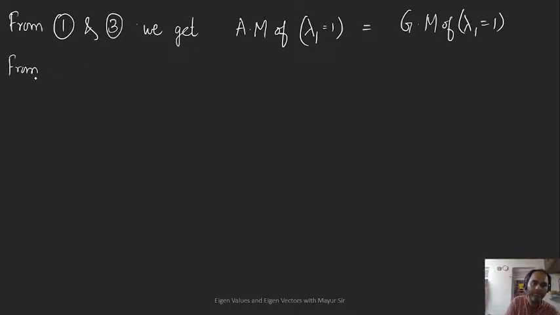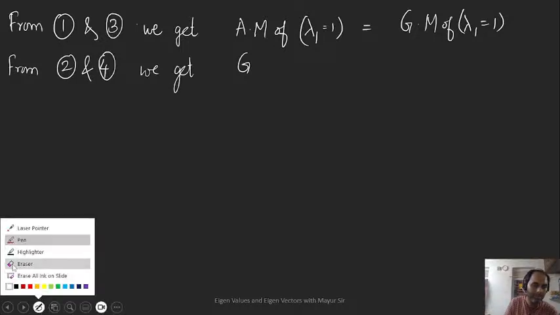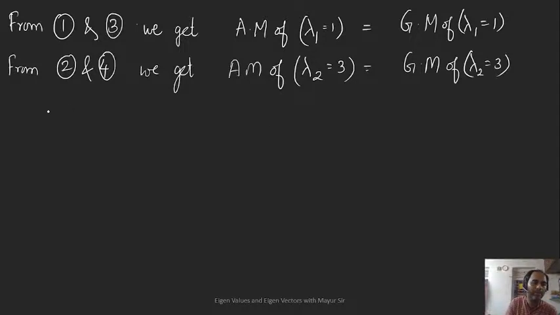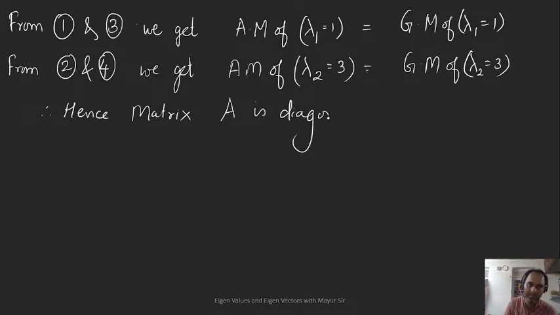From 2 and 4 we get AM of lambda 2 equal to 3 is equal to GM of lambda 2 equal to 3. Hence matrix A is diagonalizable. Got this?